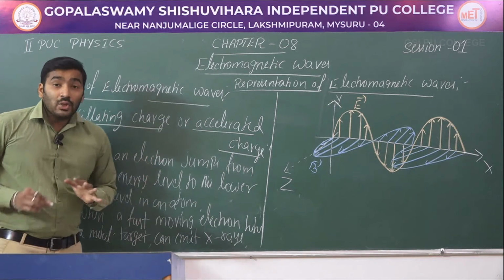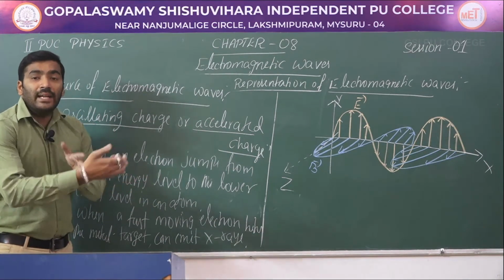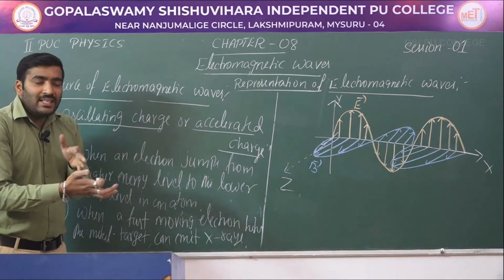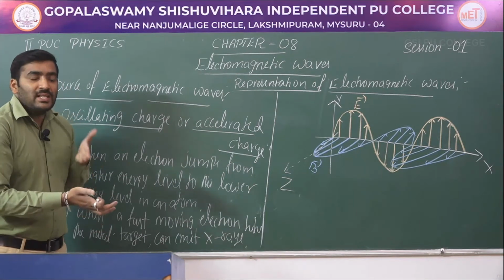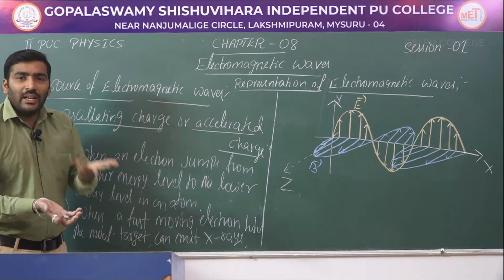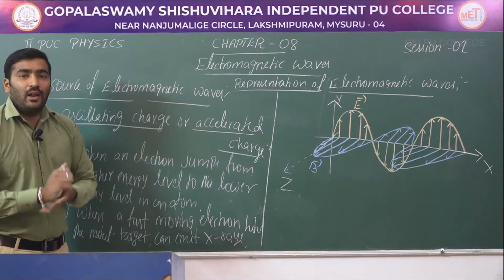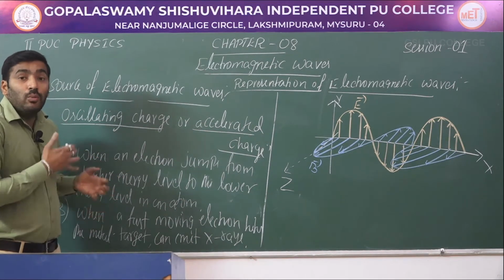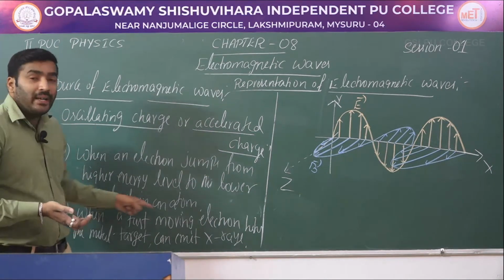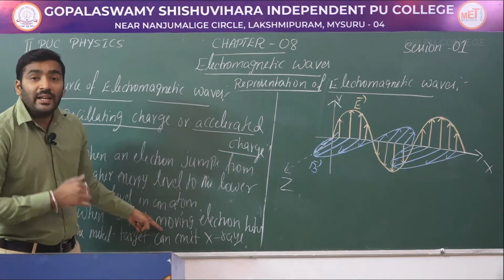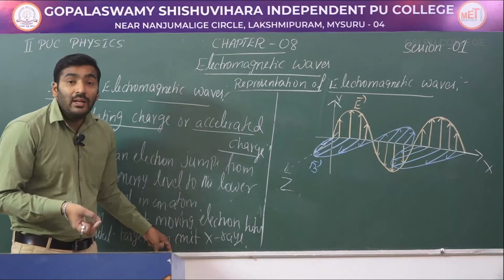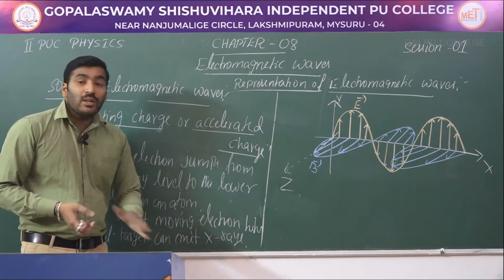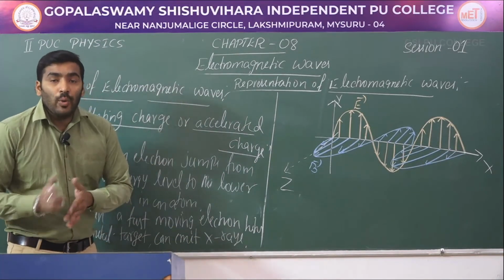When a fast moving electron is hitting a metal target, which means it is decelerated, the speed is decreasing, which is nothing but a change in velocity, correct? So when a fast moving electron is hitting a metal target and is decelerated, it can also emit X-rays. So X-rays is once again an electromagnetic wave.